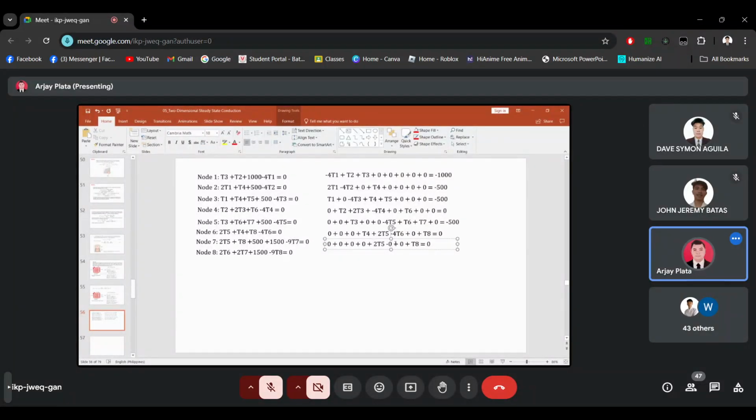So we have negative 9T7, and we have T8 as well. So this is negative 2000.